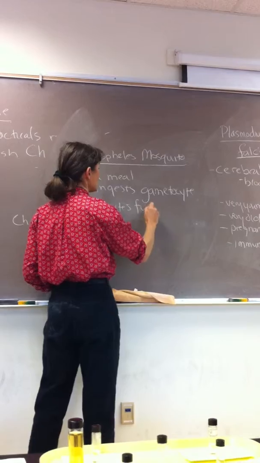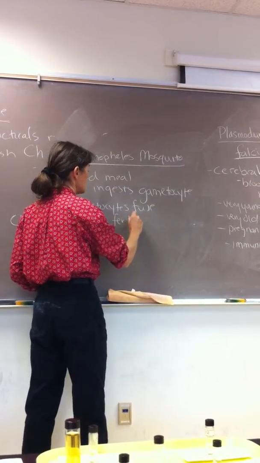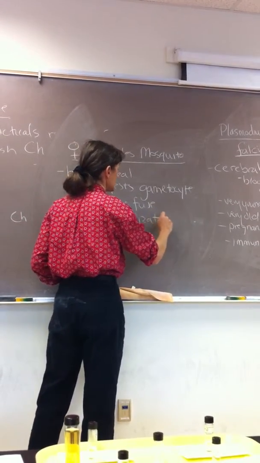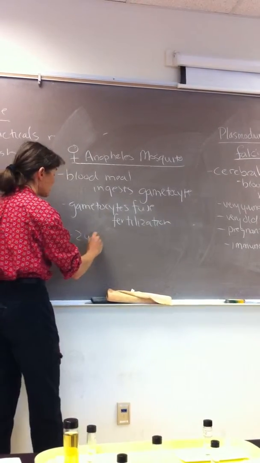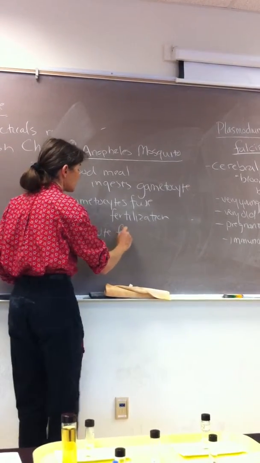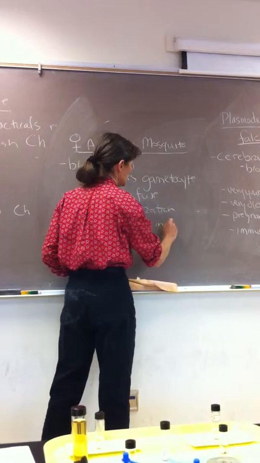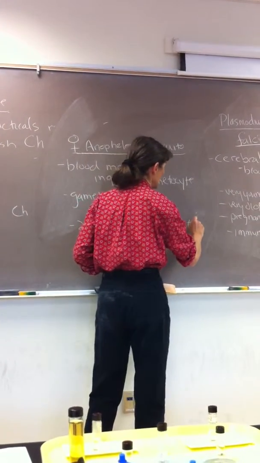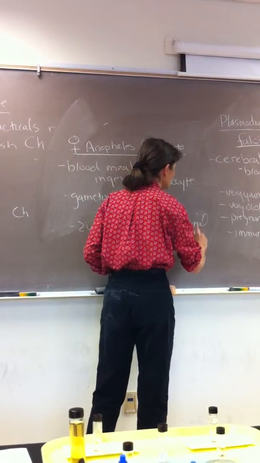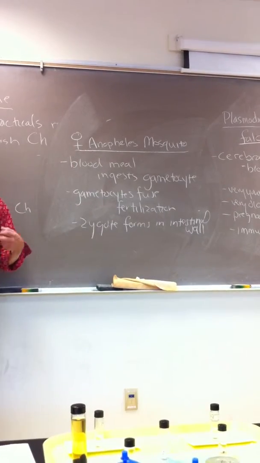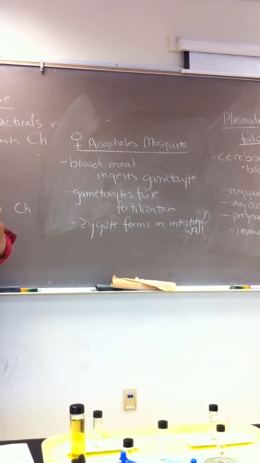This is a fertilization process, and then the zygote forms in the intestinal wall of the mosquito, and the zygote is going to grow and divide.